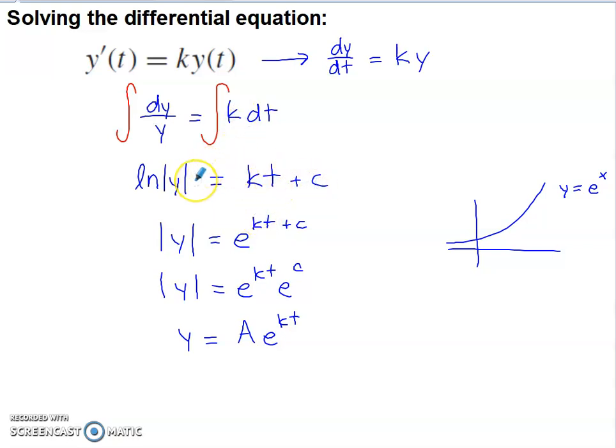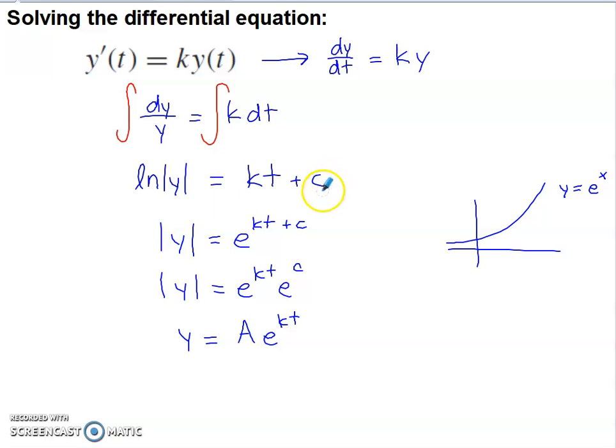If you're wondering why there's not a plus c on this side, it's because what we want to do is turn around and try to isolate the dependent variable at the conclusion of this. The dependent variable is y. Y depends on t. So if I add a constant on this side and I add another constant on this side, but then I algebraically try to solve this equation for y, I'm going to be combining both constants on this side of the equation, and the combination of two unknown constants just arises in a third unknown constant.